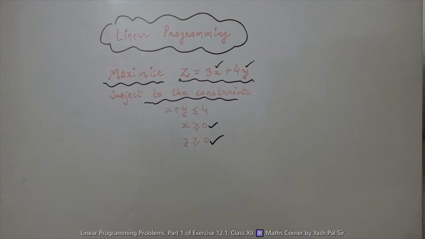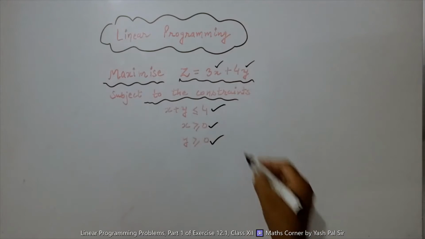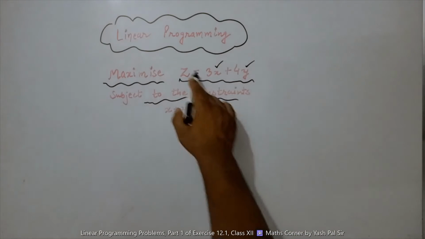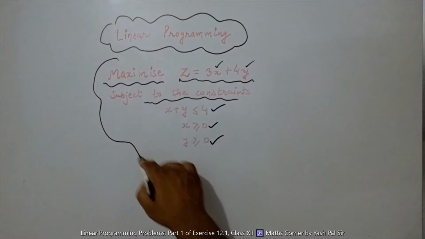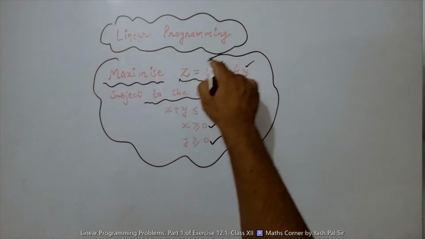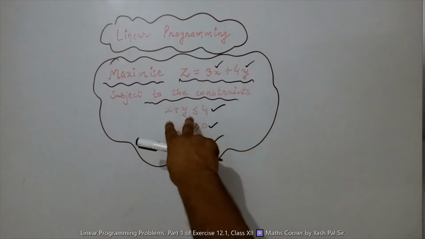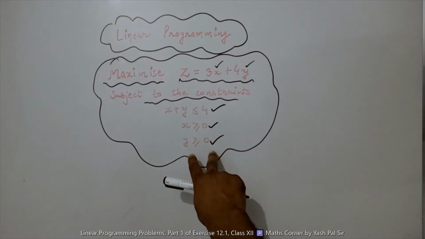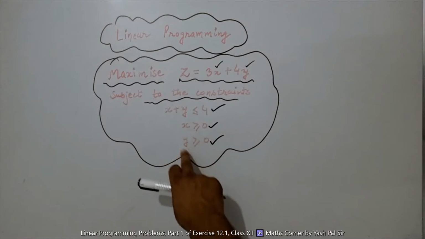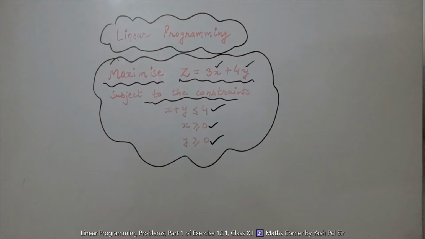And satisfy a set of linear inequalities. This is a single inequality in this problem, but we can have so many linear inequalities. All those linear inequalities should be satisfied along with these two non-negative variables x and y, right?